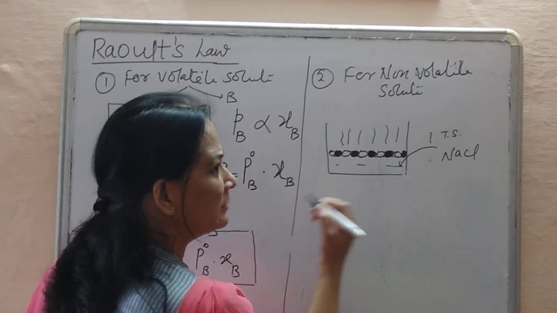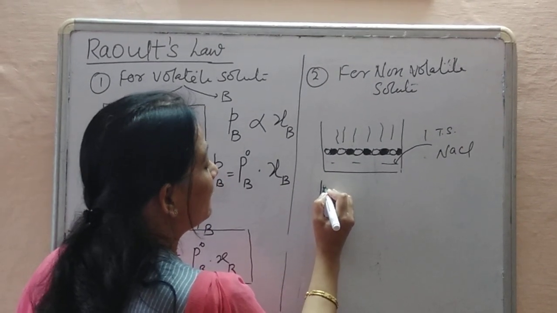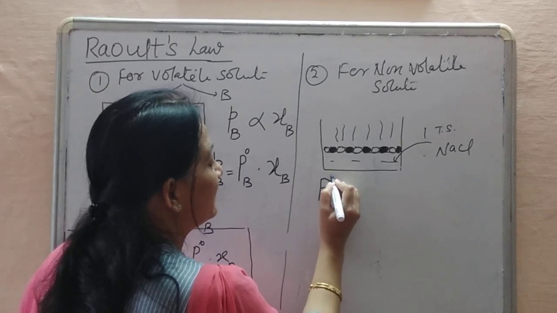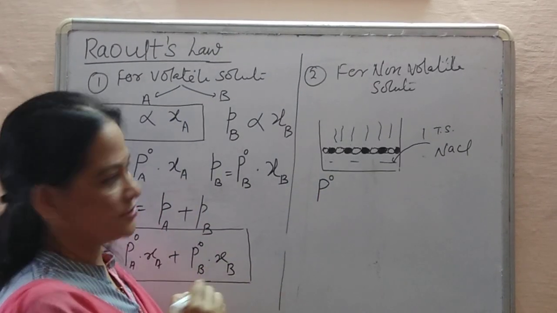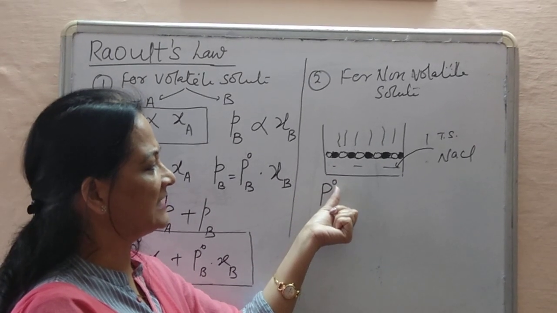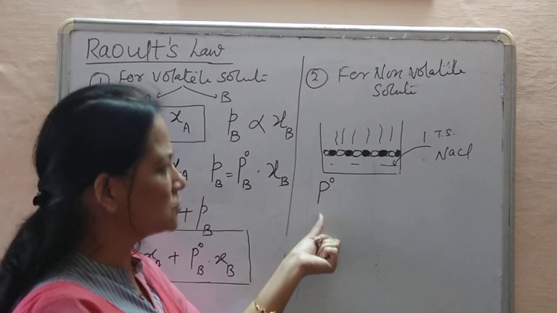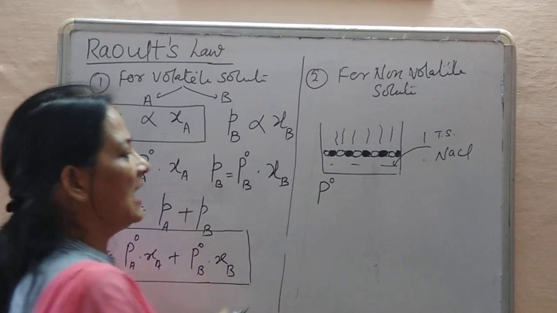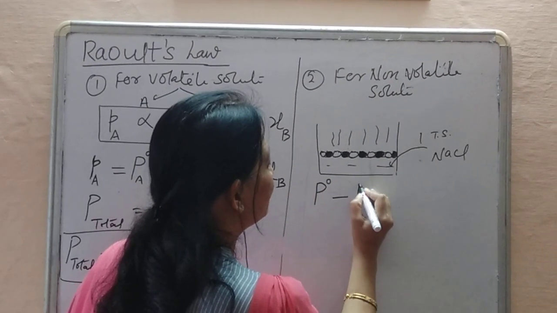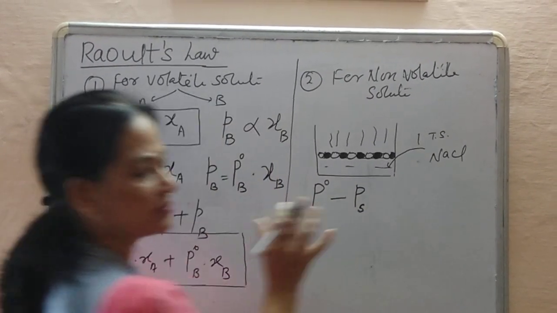Now see how to express the decrease. This is the vapor pressure of water, because you all know that vapor pressure in pure state is always considered as P0. So this is the vapor pressure of the solvent in the pure state, and this is the vapor pressure of the solution, S for solution.